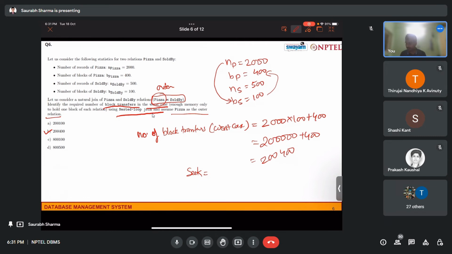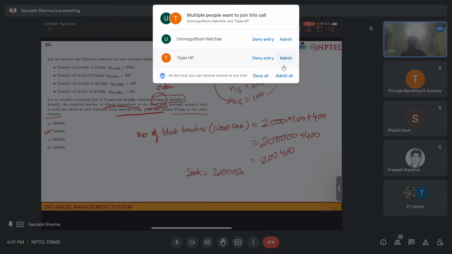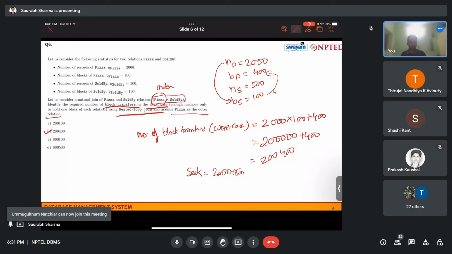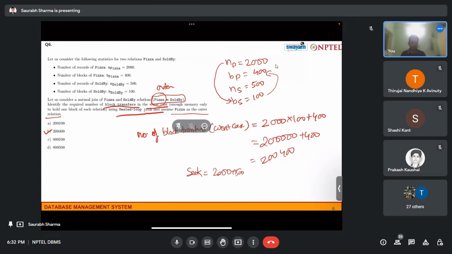For seek, we just write NP plus NS, that is 2000 plus 500. Just go through the slides. There are four cases: one relation as the outer one, or the other relation as the outer one. For each case there are multiple things. So like this, you have to solve these questions.